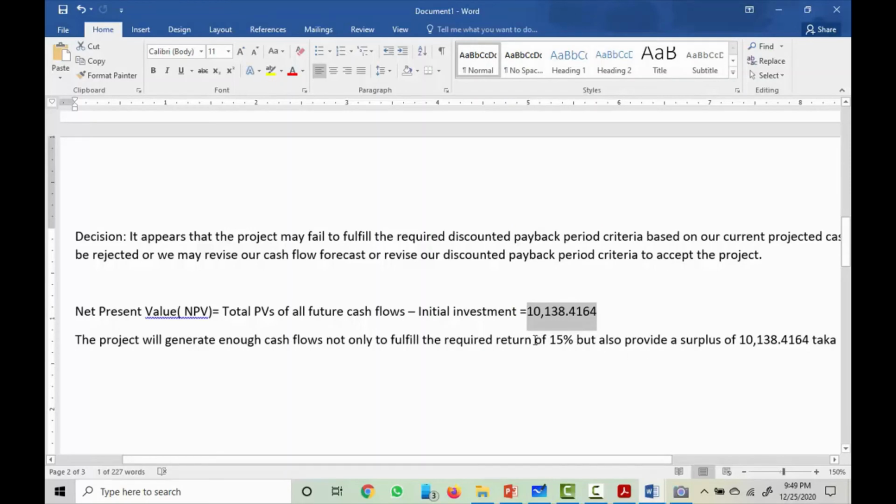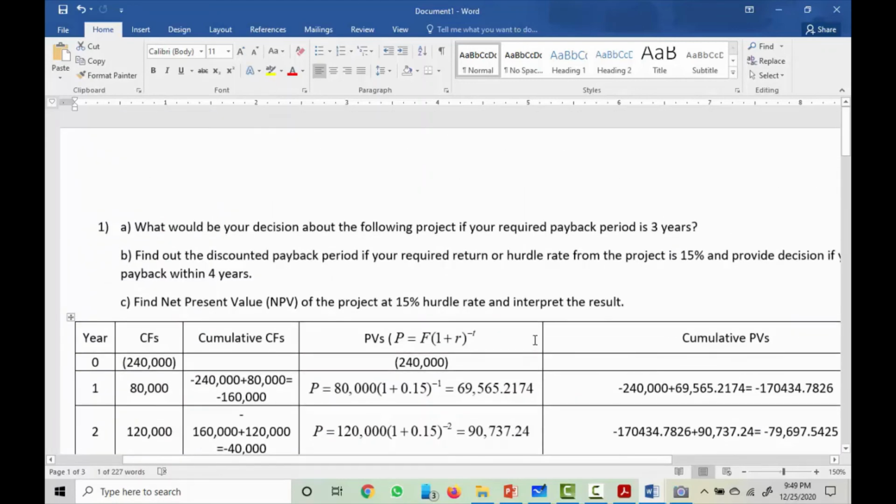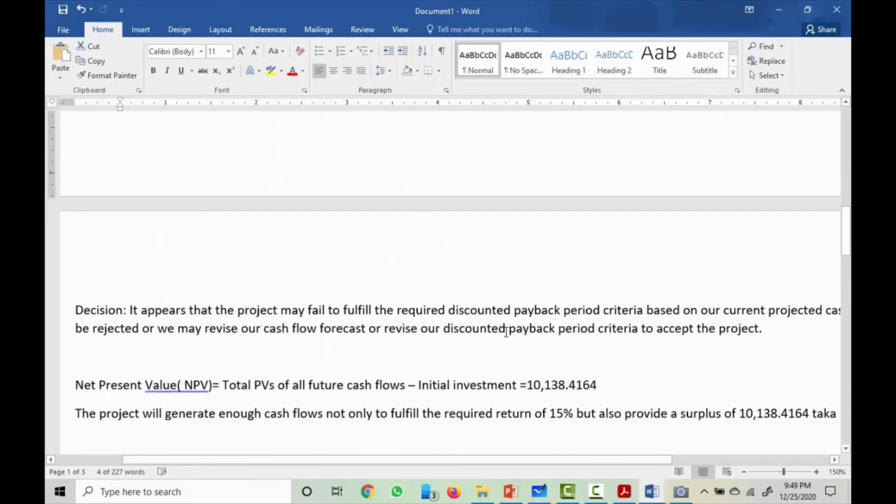Our requirement was this: the hurdle rate, or required return, of 15% from the project.